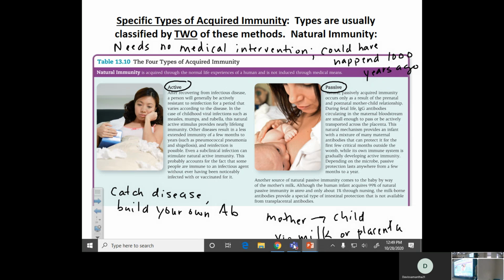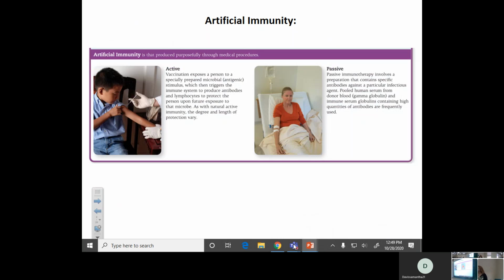That's passive. But either of these ways, that could have happened 1,000 years ago, or that could happen in the middle of nowhere now without medical care, so to speak. That's natural acquired immunity. The opposite of natural is artificial.